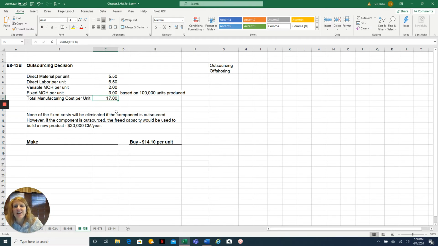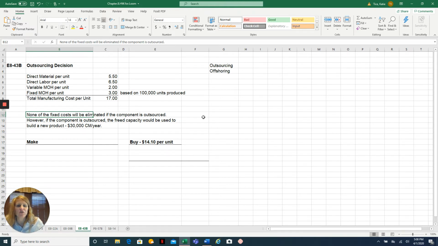However, it's very important to also take into account how the fixed costs may or may not change due to this outsourcing decision. As I mentioned, fixed costs like insurance at the factory, supervisor salaries, property taxes, depreciation. In this case, this is a crucial line in the problem. It says none of the fixed costs will be eliminated if the component is outsourced. So at our factory, all of the fixed costs would remain the same.